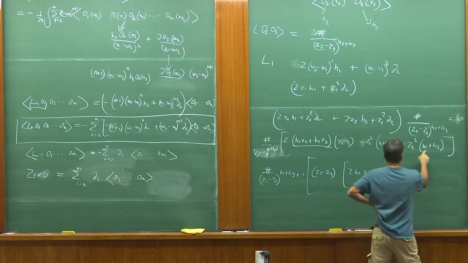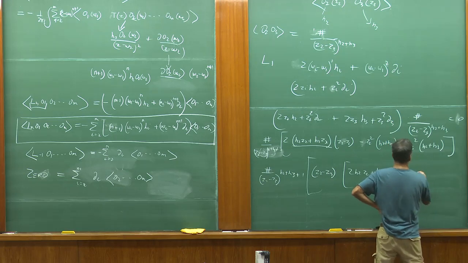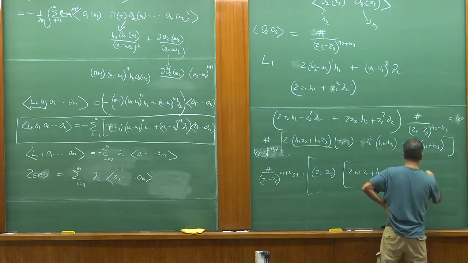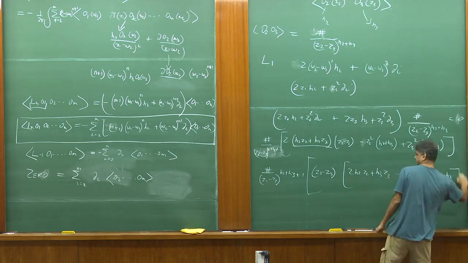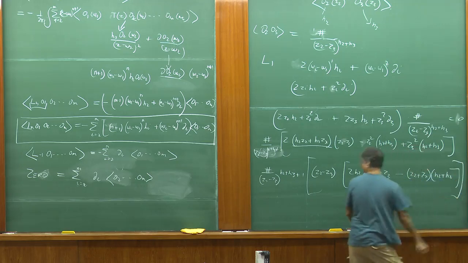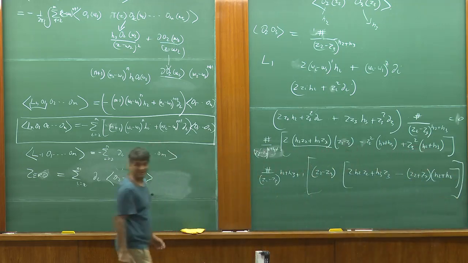And here we get minus z2 plus z3 times (h2 plus h3). Please correct me if I've made a mistake. Okay, looks good.